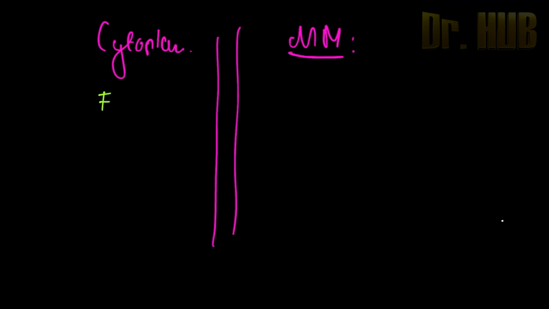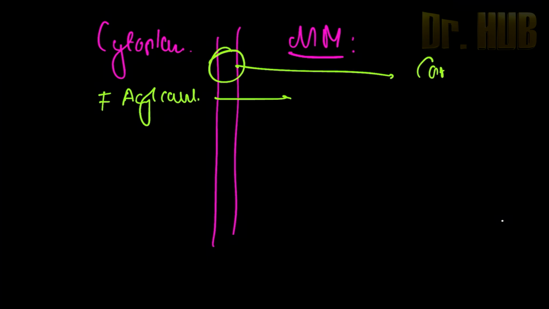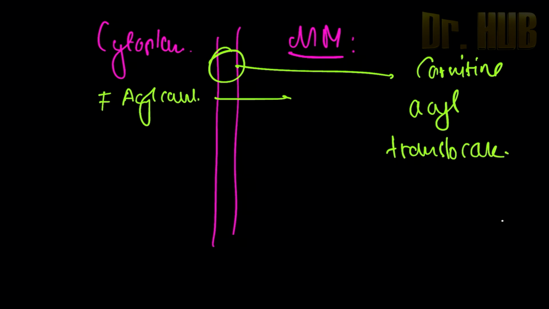So the fatty acyl carnitine transfers, and this is by the carnitine acyl translocase in the presence of carnitine. And there is also the carnitine palmitoyl transferase 1.